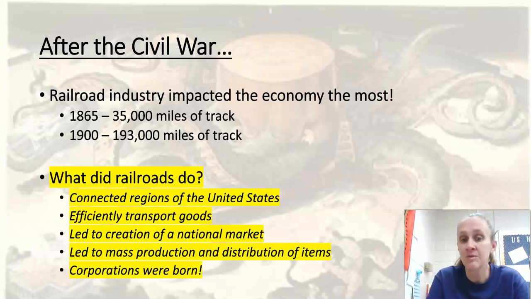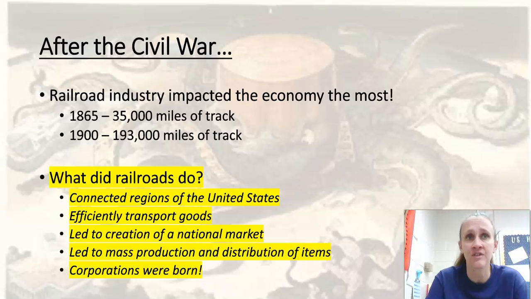It's going to lead to mass production and mass distribution of items. So again, if you're marketing your goods and products to more people, you're going to have to make more of your product, and you're going to have to find a more efficient and effective way to make a lot more of your product. So instead of making 20 guns in a year for your town, now you're making hundreds or thousands of them to get to other parts of the country.